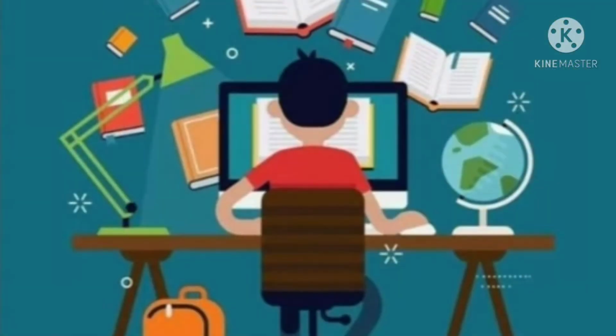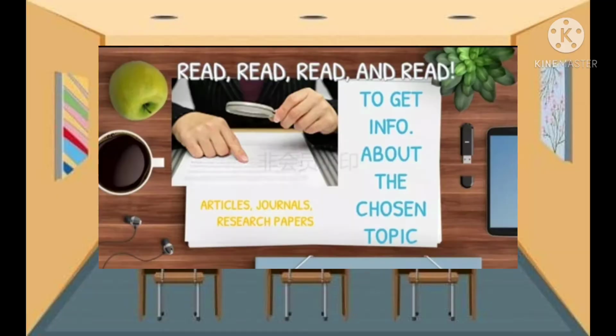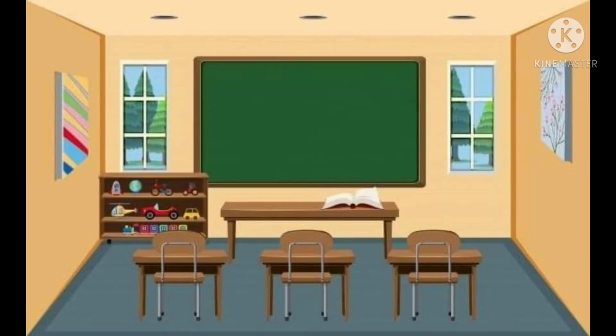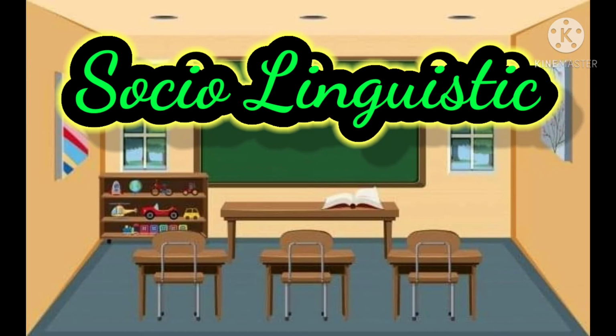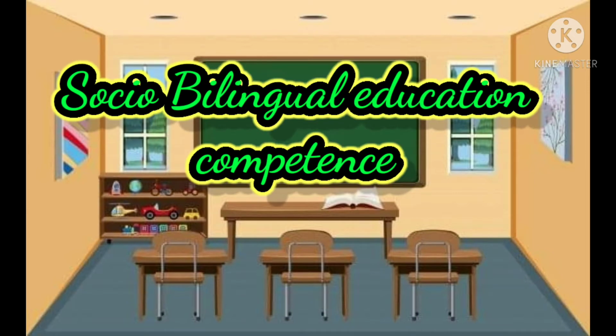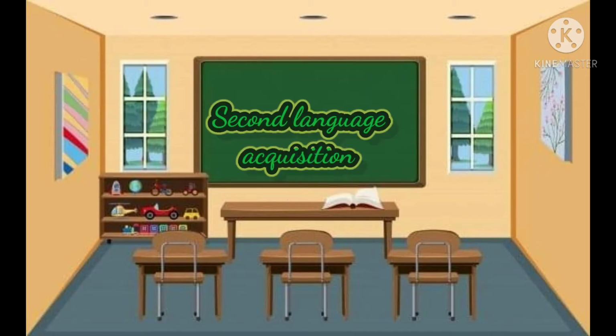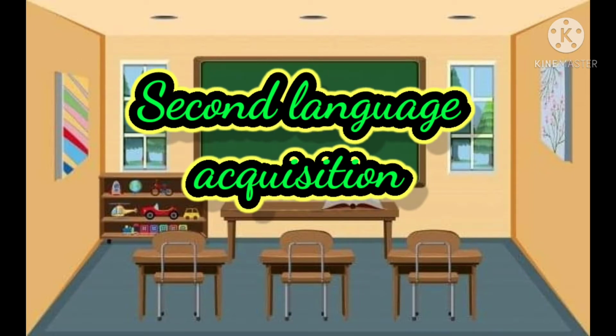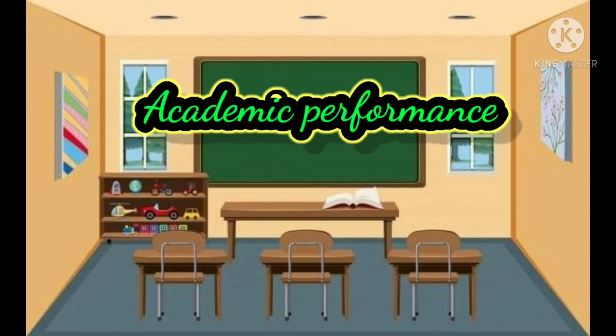Then, after that, I read different articles and write-ups related to my topic to expand my knowledge. I read articles about sociolinguistics and I get information about socio-bilingual education, competence, and teaching second language acquisition strengthening the academic performance of the students.